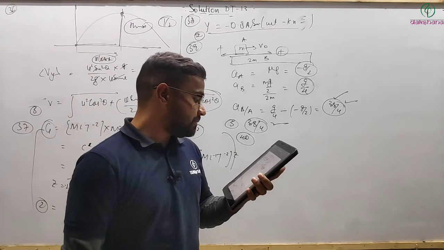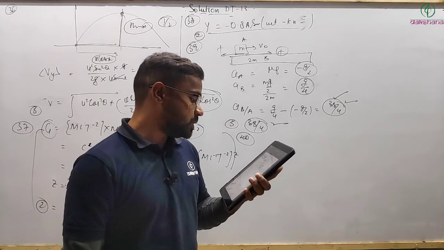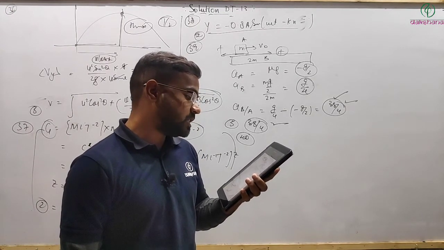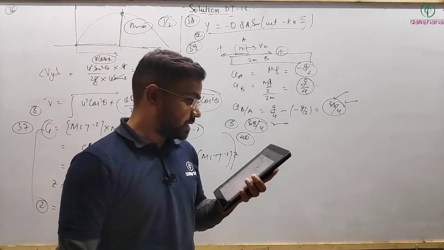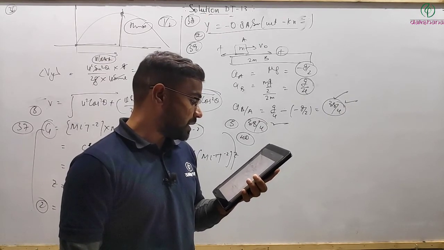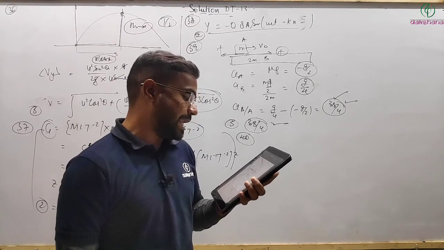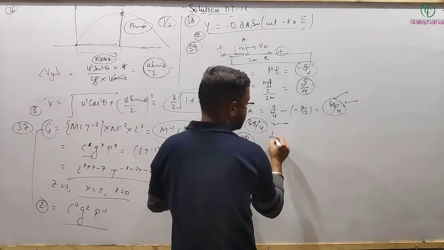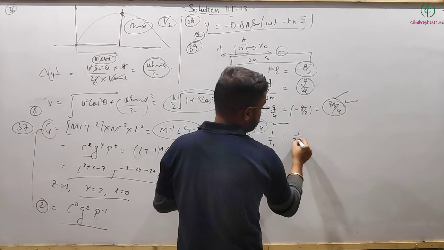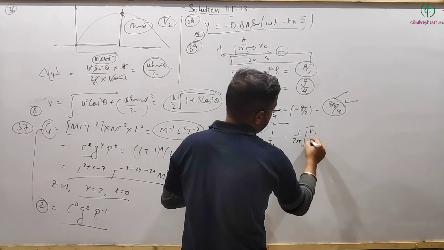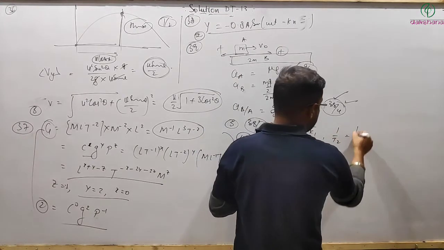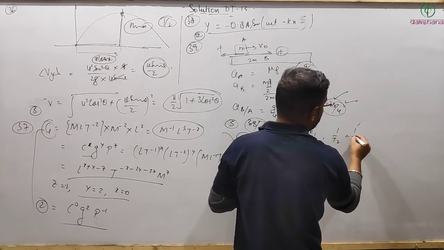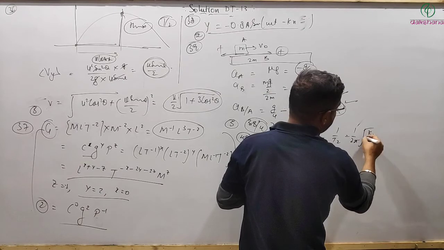Next, question number 40. Let T1 and T2 be the time periods of the two springs A and B when mass m is suspended from them separately. Now both the springs are connected in parallel and the same mass is suspended from them. Let T be the time period of this. Then we can write 1 by T1 is equal to 1 by 2 pi root over k1 by m, 1 by T2 is equal to 1 by 2 pi root over k2 by m.